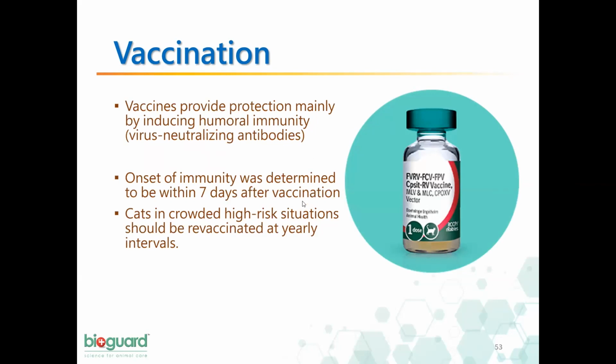It matters which vaccination program you choose, and immunity will onset within 7 days after vaccination. Of course, for cats present in crowded situations, revaccination is always recommended on a yearly basis.